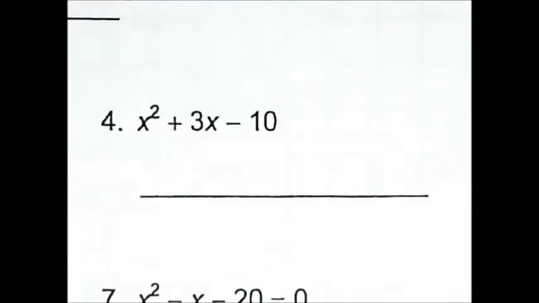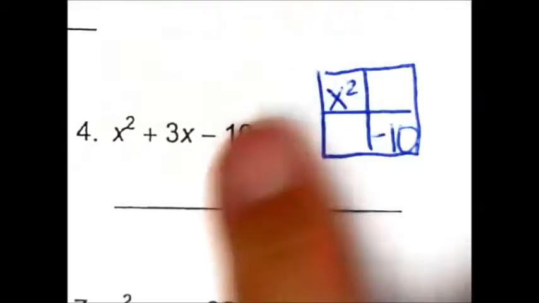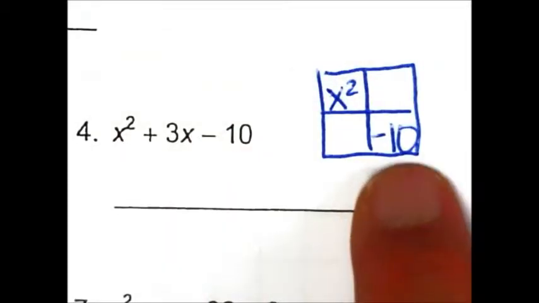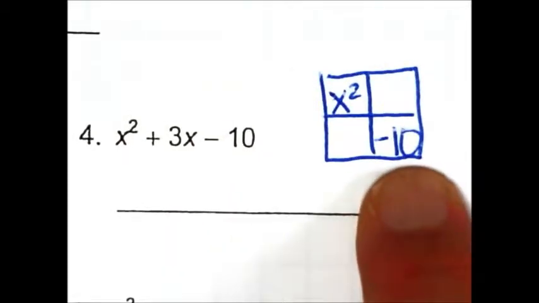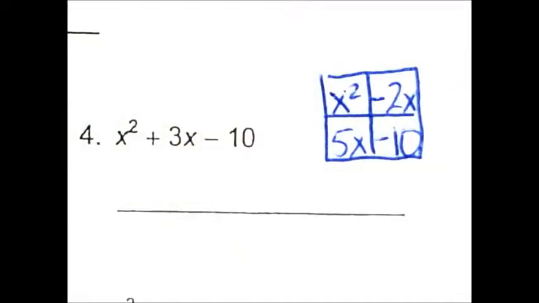One more of those. Number 4, if it says factor, you draw a box. X squared in the top left, -10 is your c term. So you need two numbers that will multiply to -10, but they should add to 3. So you want to go with a -2 and a +5.